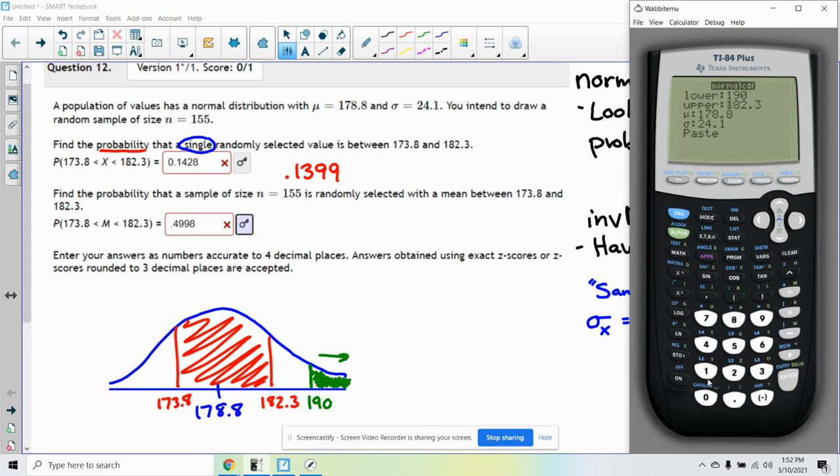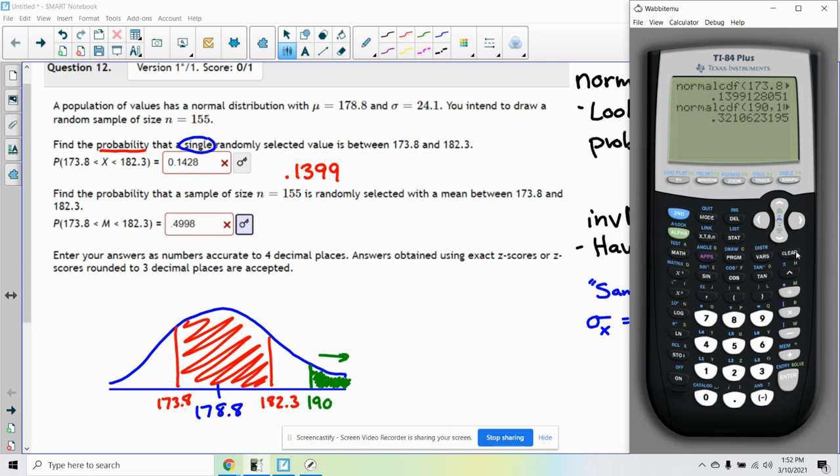To show that, I'm just going to put a really, really big number in. So this area here would be 0.321. That's just how it works. If it's asking for greater than some value, put in a very large upper bound. If it's asking less than some value, put in a very negative lower bound.